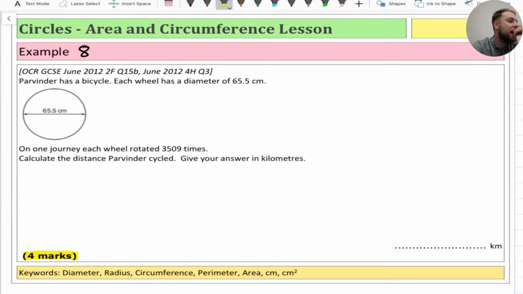So have a look at this. Here I've got a circle, and the circle rotates. And you'll see that as this circle rotates, one full rotation is the circumference of that circle. Okay, so let's just write that down first of all, so we know in our notes.